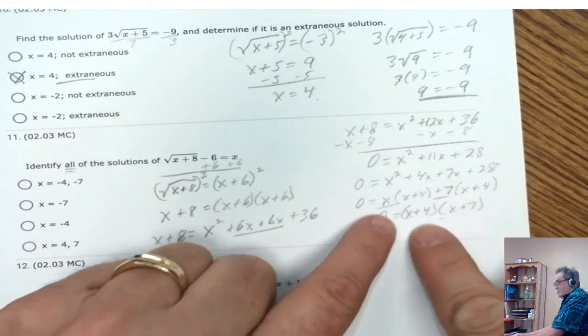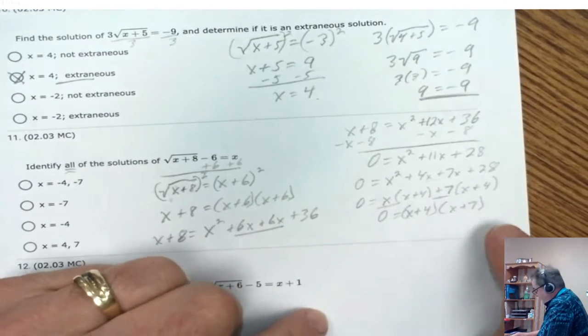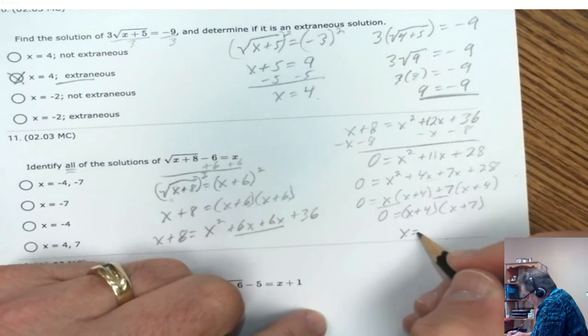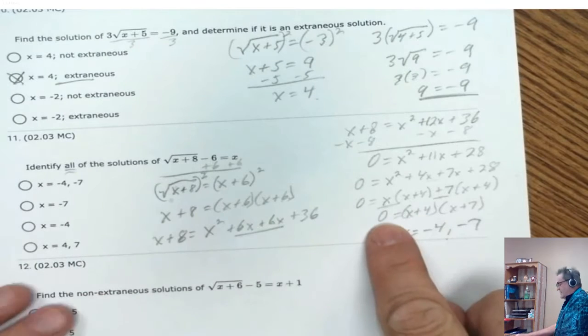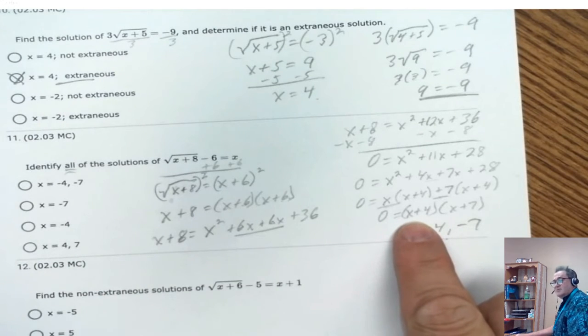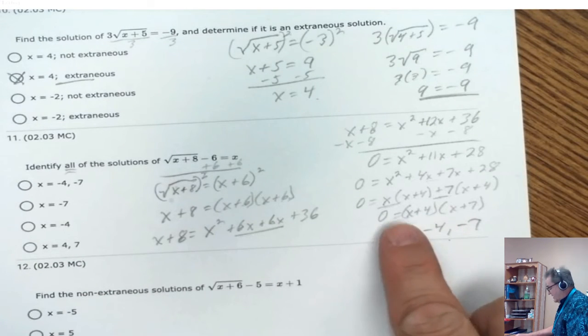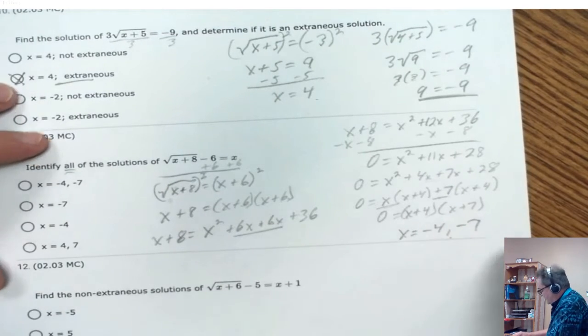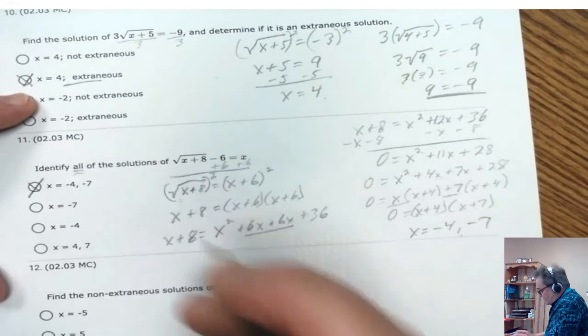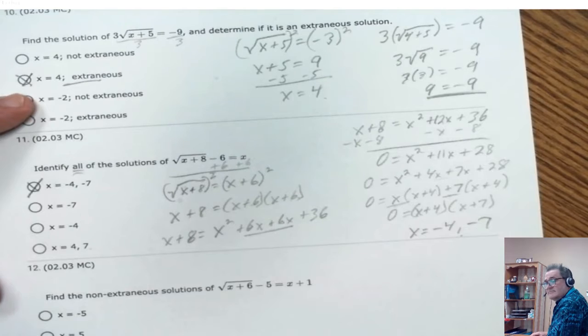We factor x plus 4 out of both those. That leaves x plus 7. So that means x equals negative 4 and negative 7. If that's 0, 0 equals x plus 4, x must be negative 4. Negative 4 plus 4 equals 0. Or negative 7 plus 7 equals 0. There it is, first answer.